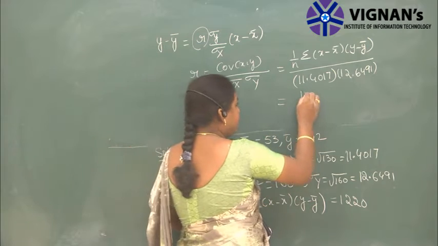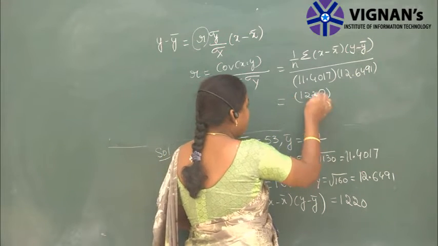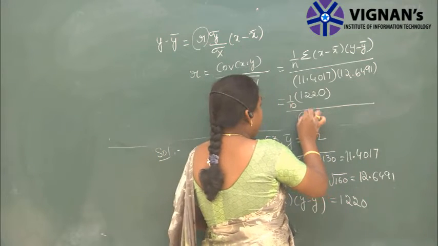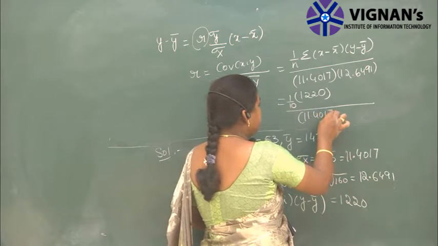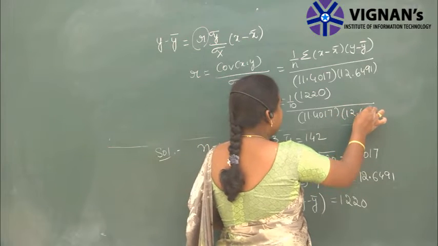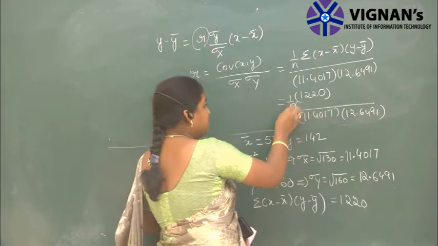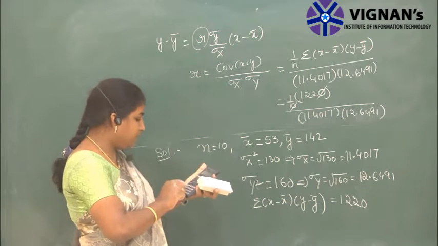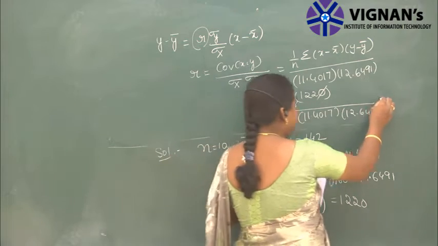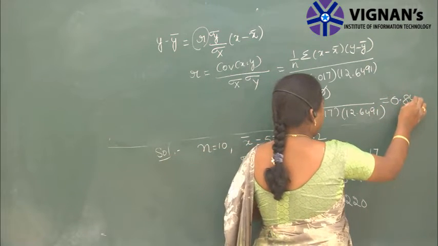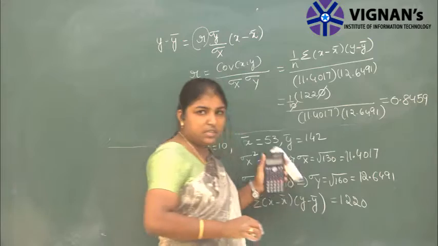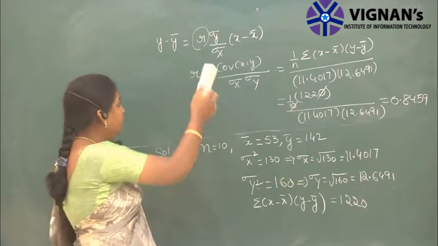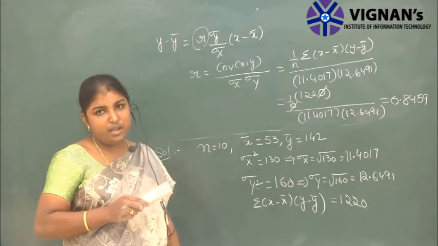So that can be written as 1220 into 1 by n, where n is equal to 10, divided by 11.4017 into 12.6491. Here the 10 and 100 will be cancelled. Now simplifying using our calculators, we get this value equal to 0.8459. So this is the value of r. Now that value of r we are substituting into the regression line y on x.